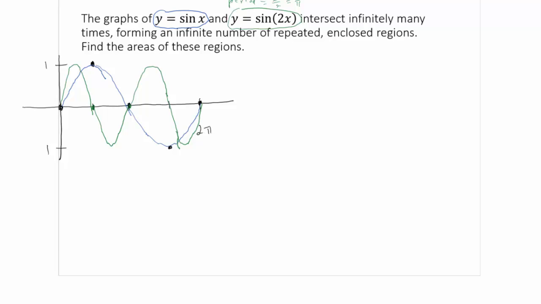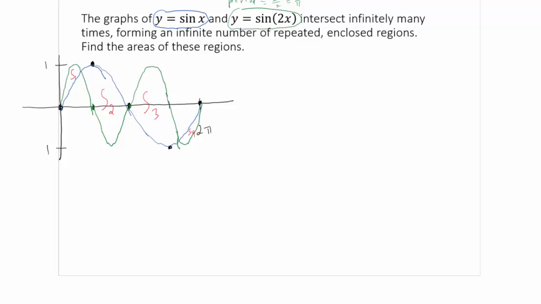And so what we have is these repeat, and I only drew it over 0 to 2 pi, but this same thing's going to repeat over and over and over again. And so I'm going to think, okay, here's some regions. I'm going to call this S1. I'm going to call this region S2, S3, and here's S4.